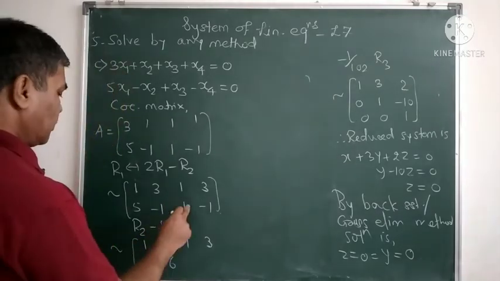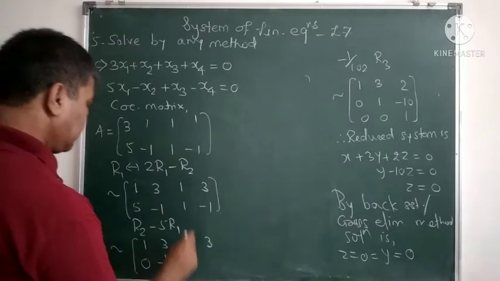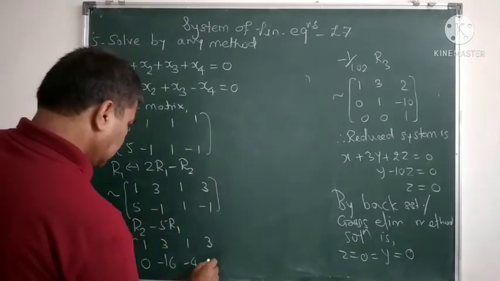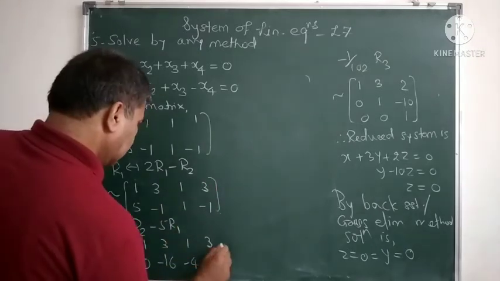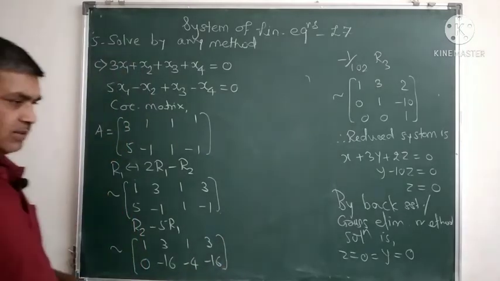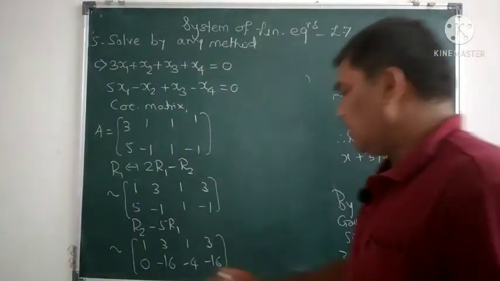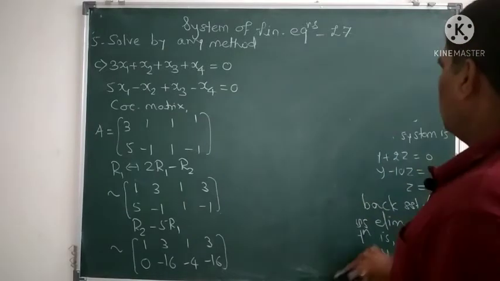Then 1 minus 5, minus 4, minus 1 minus 15, minus 16. We get this. Then we'll obtain 1 here in the 2-2 position.